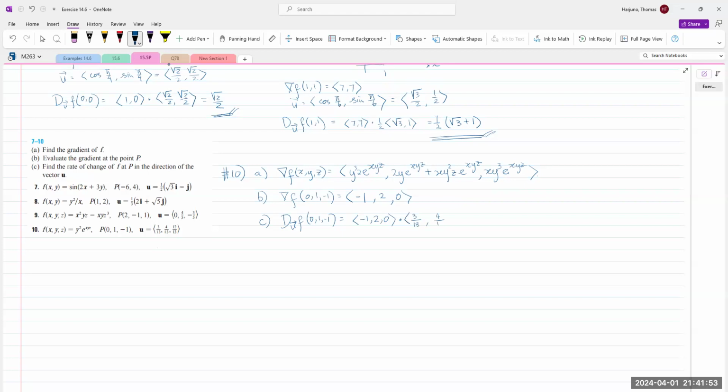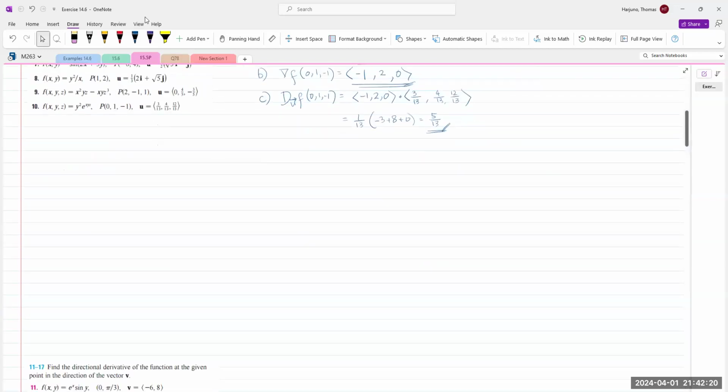You will see it's better for me to factor the 1 over 13 out. So I basically have 1 over 13 and then negative 3 plus 8 plus 0. That's 5 over 13. It's a lot easier to compute. Okay, let's go on.